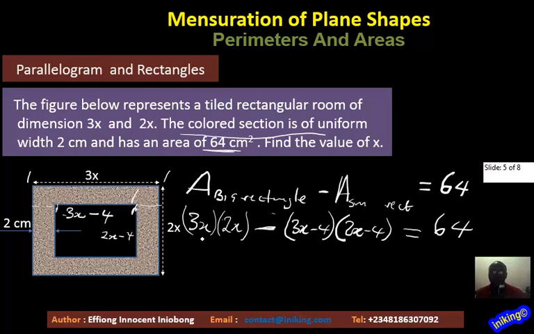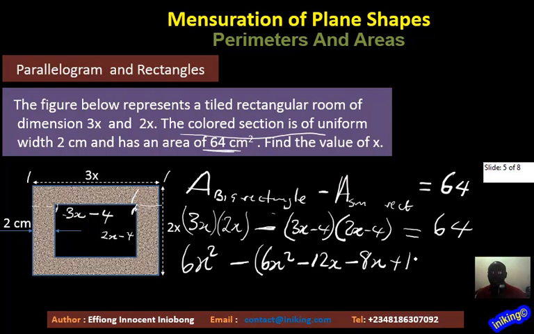Let's open this. 3x times 2x will give me 6x squared. Let's cover this first. 3x times 2x again is 6x squared there. 3x times minus 4 will give me minus 12x. Minus 4 times 2x will give me minus 8x. And minus 4 times minus 4 will give me plus 16.